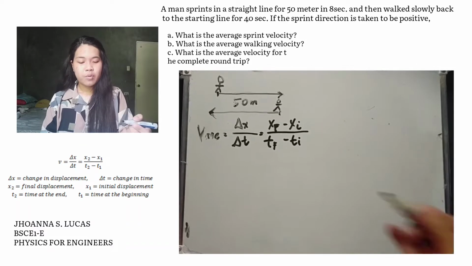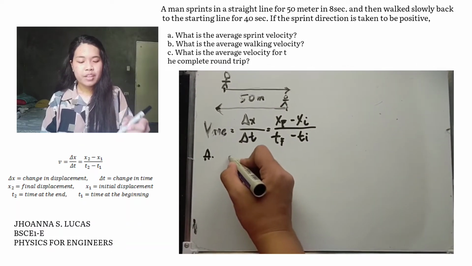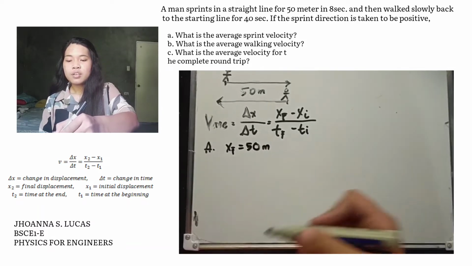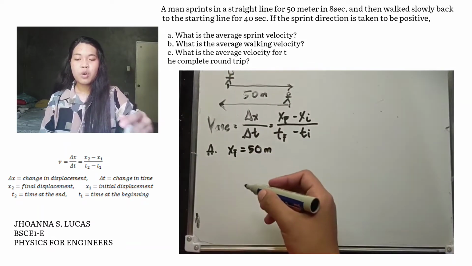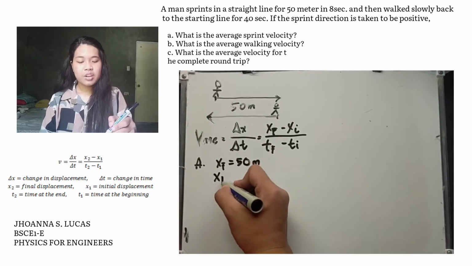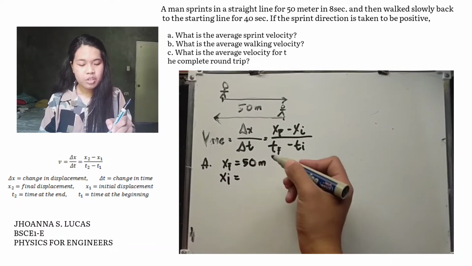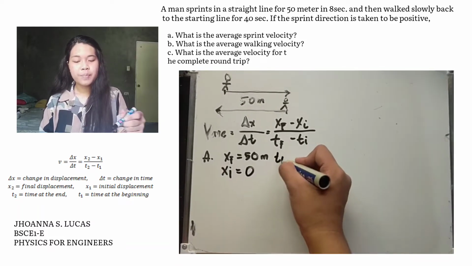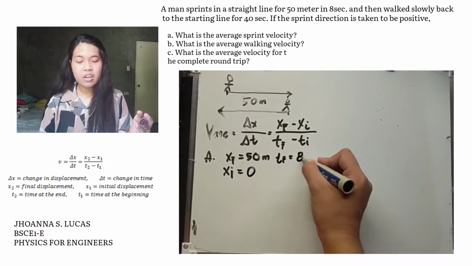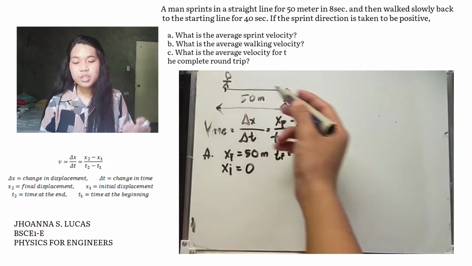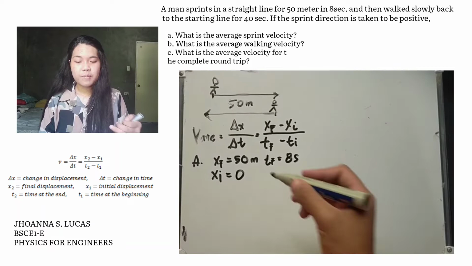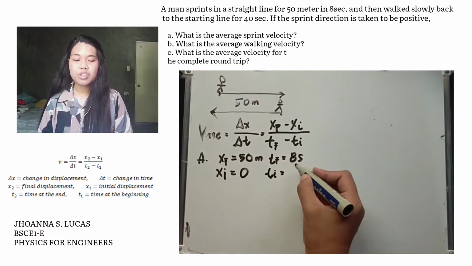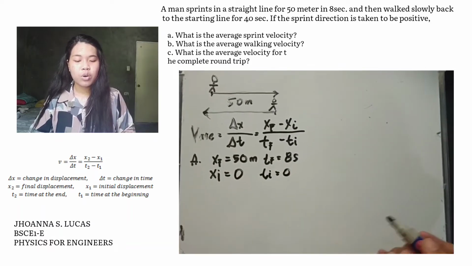in our equation. So, x sub f, or the final position, is 50 since he starts at the origin, or 0, going to 50 meters. And our initial position is 0. And our final time is 8 seconds since he sprinted for 8 seconds over 50 meters. And our initial time, since he starts at the origin, is also 0.